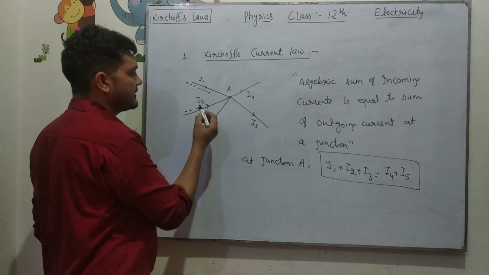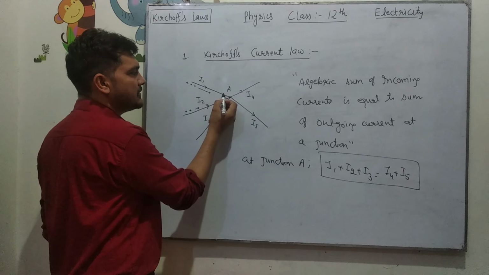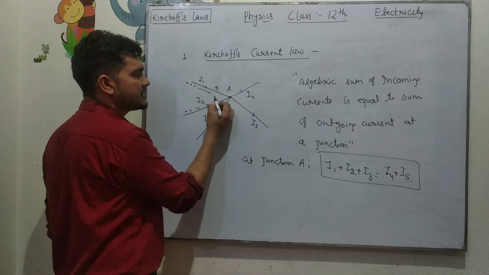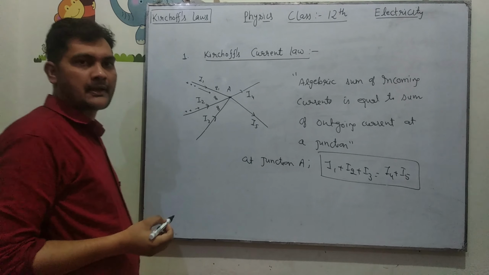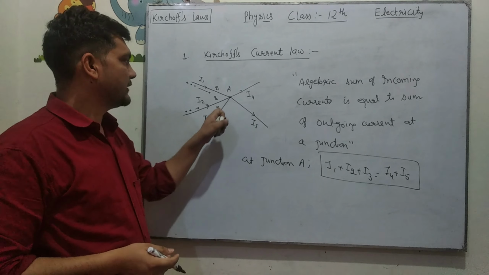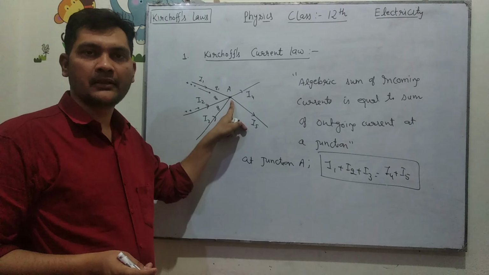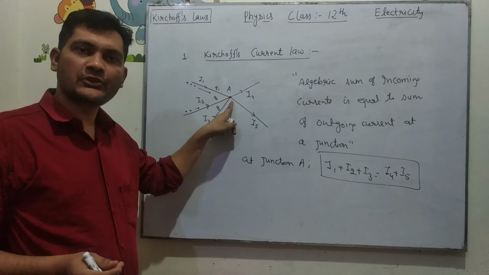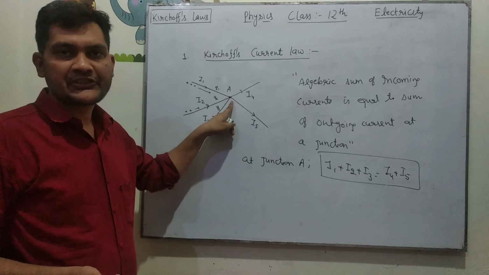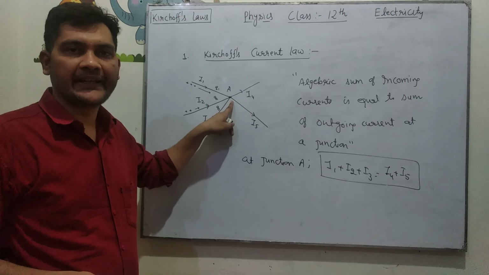So let us assume that total Q1 plus Q2 plus Q3 charge is brought towards this junction. But charge cannot be accumulated at a point because it is a point, not a body. It does not have any surface. So charge cannot be accumulated on a point.